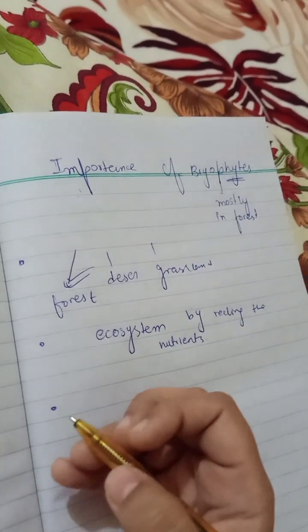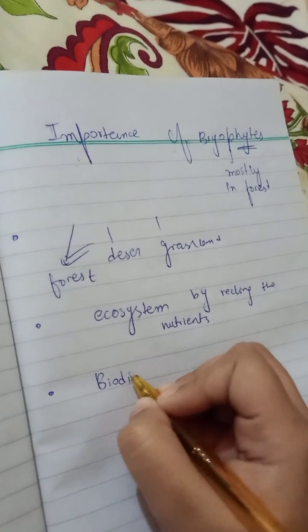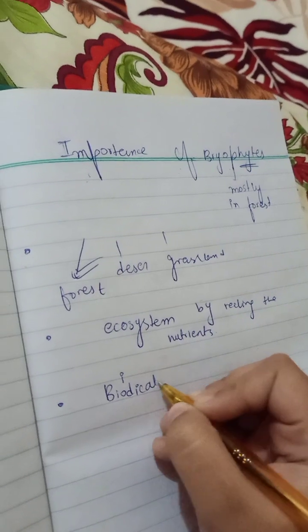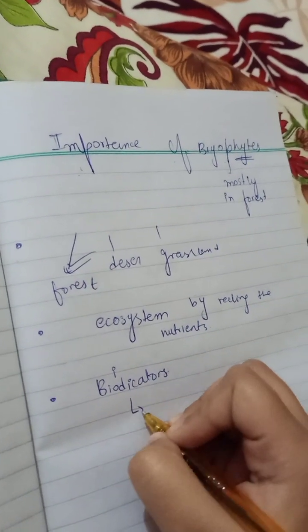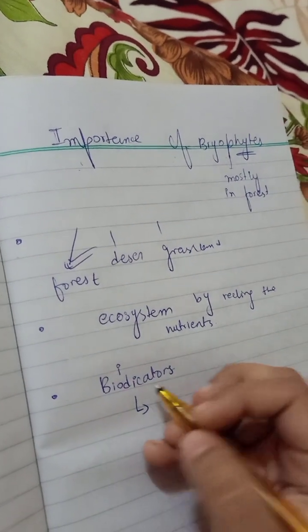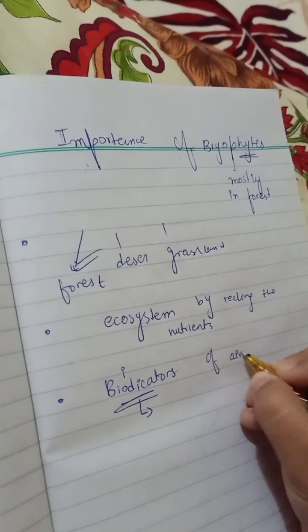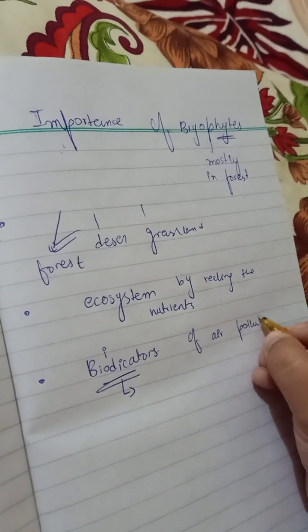As well as that, they are bioindicators. What are bioindicators? Bioindicators indicate whether pollution is there or not. So they are bioindicators of air pollution. You can see how they benefit our ecosystem.